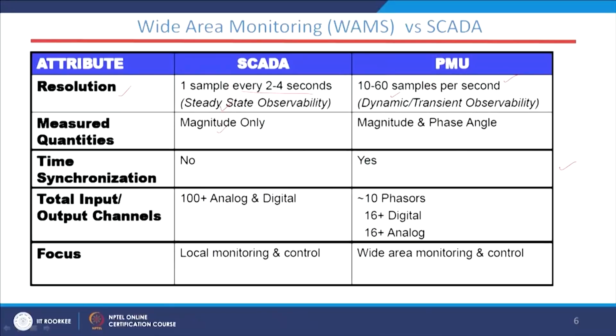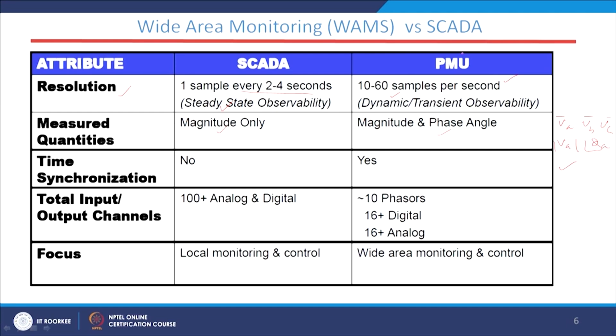Now, as far as the measured quantities are concerned, SCADA will measure the magnitude only, but in case of WAMS, due to the presence of PMUs, we can measure the magnitude and phase angle of the voltages and currents of each phase. Like if you have VA, VB and VC, for each phase we get the magnitude and also the phase angle, which we can always measure using the PMU.